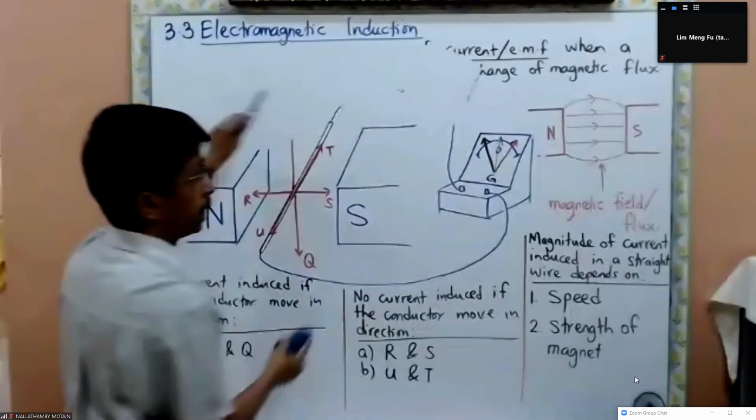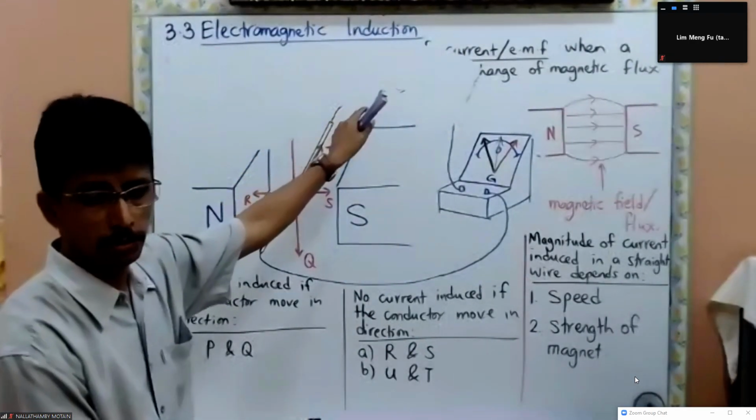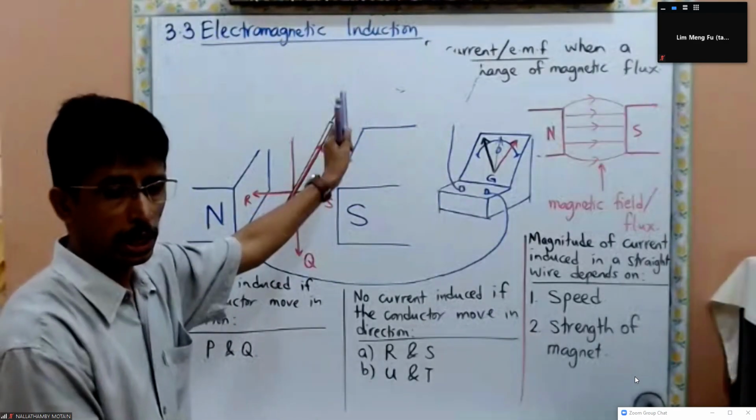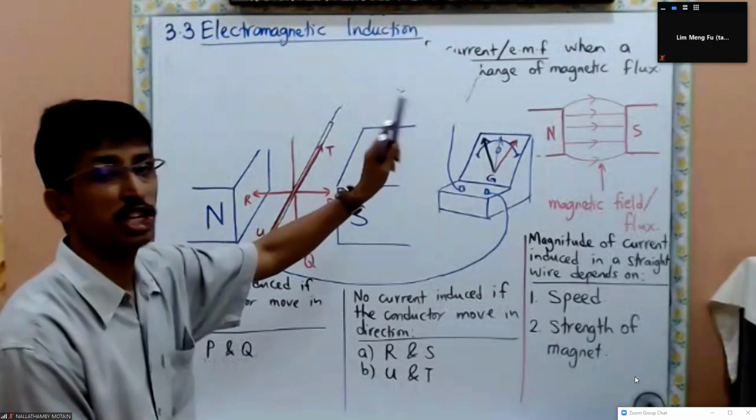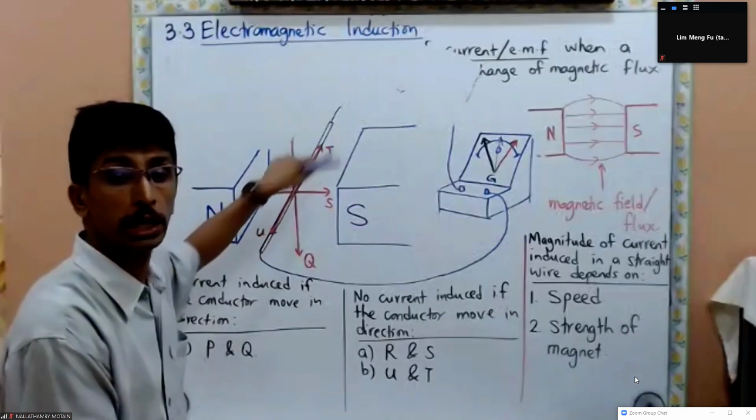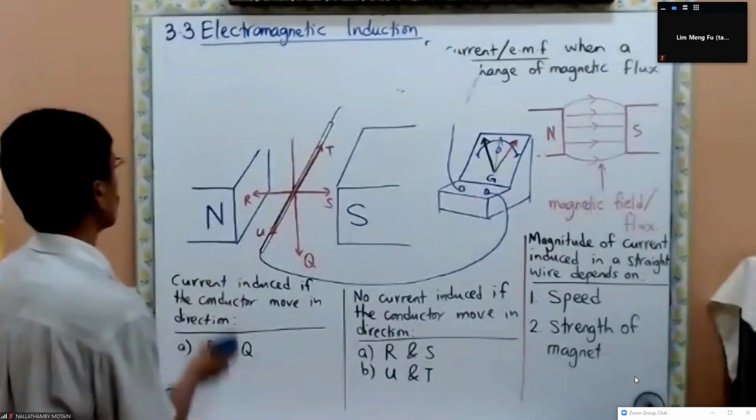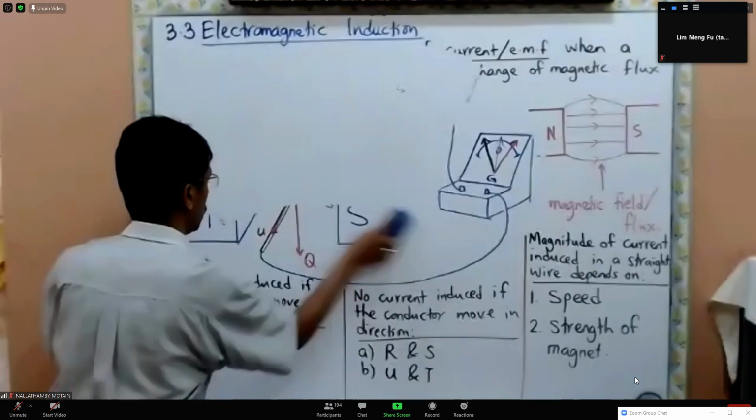Okay, just now you saw, right? Current is induced, setting up an EMF, when a conductor or coil experiences a change of magnetic flux. So here we went through a conductor, but now how about the coil or solenoid?